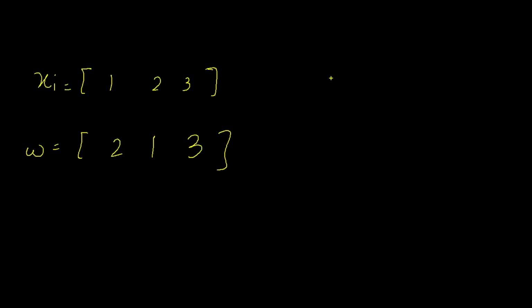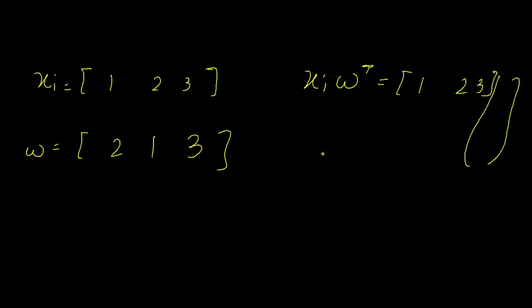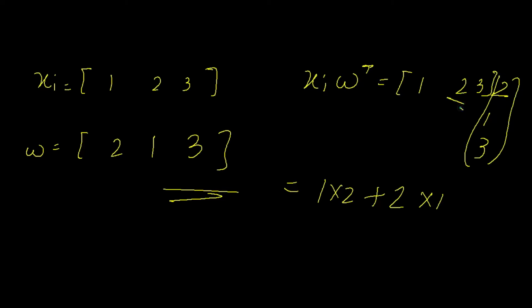Now when we take xi times w transpose, we multiply 1, 2, 3 with the transpose of w, that is 2, 1, 3. So what does the multiplication come to? It's 1 into 2, plus 2 into 1, and the last is 3 into 3.